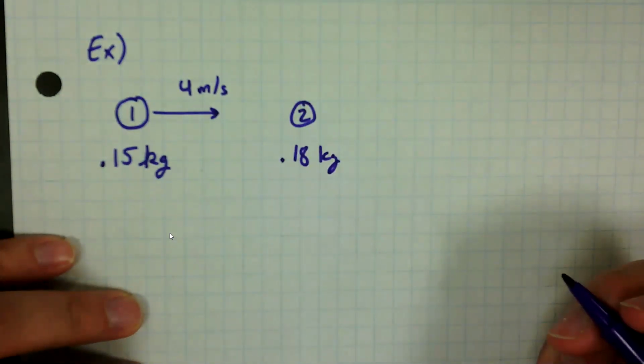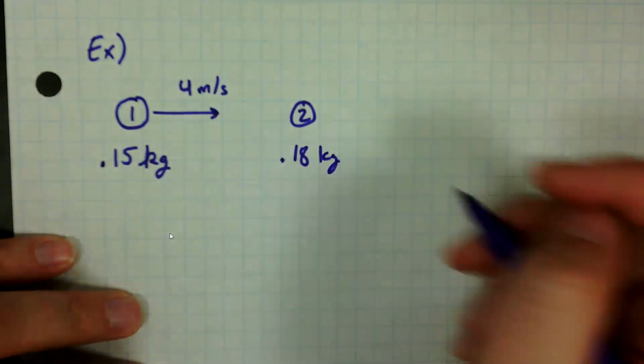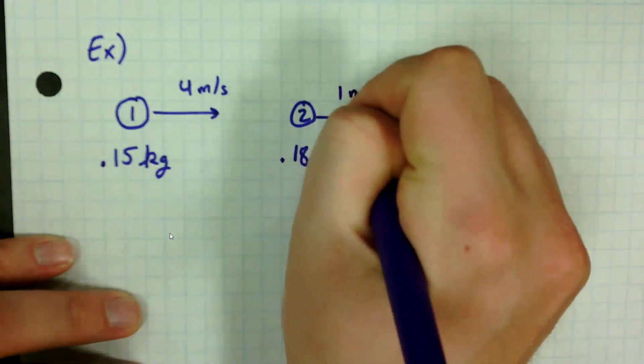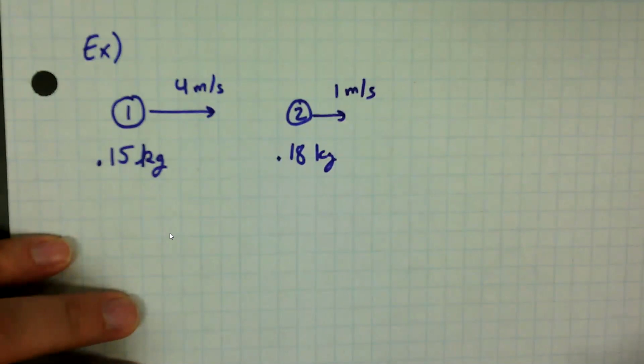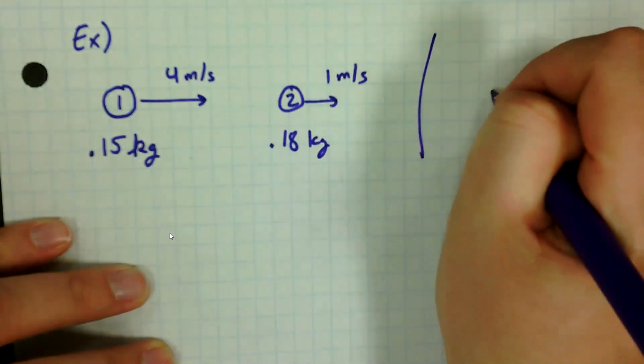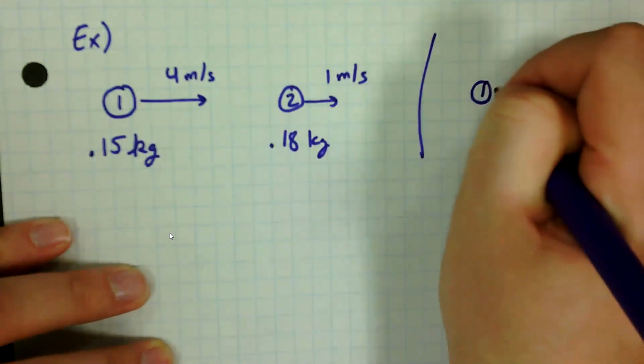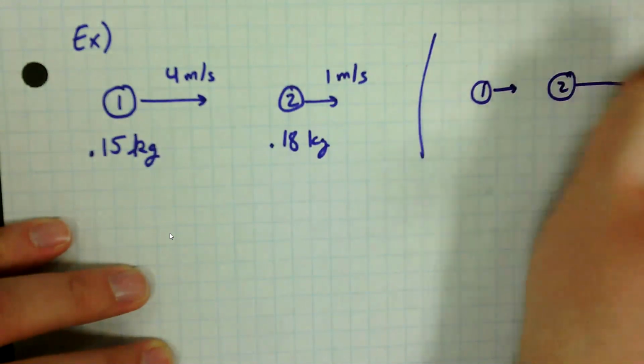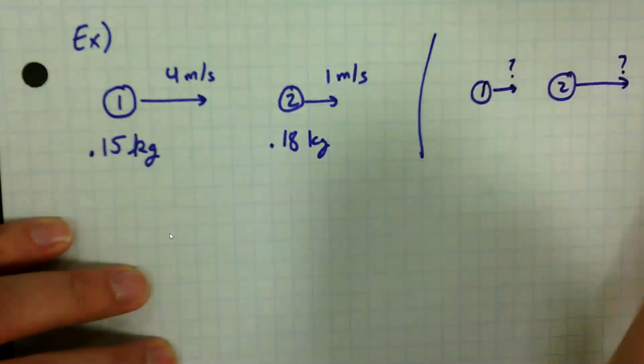Do I want it to be at rest? I don't want it to be at rest. I want it to be going 1 meter per second. That'll make it into a more interesting problem. So my question is, they're going to collide elastically, and after the collision, what are my speeds?